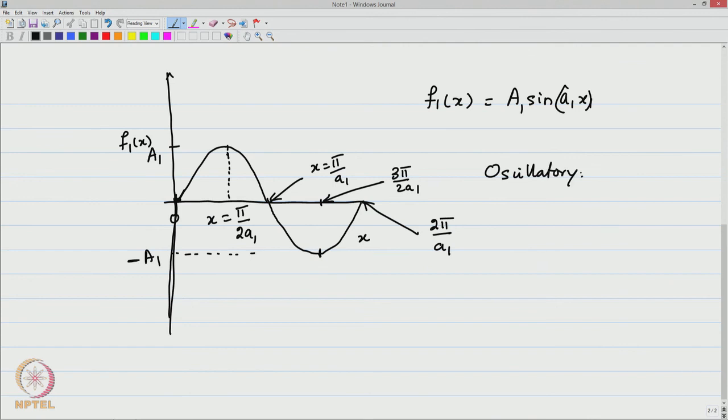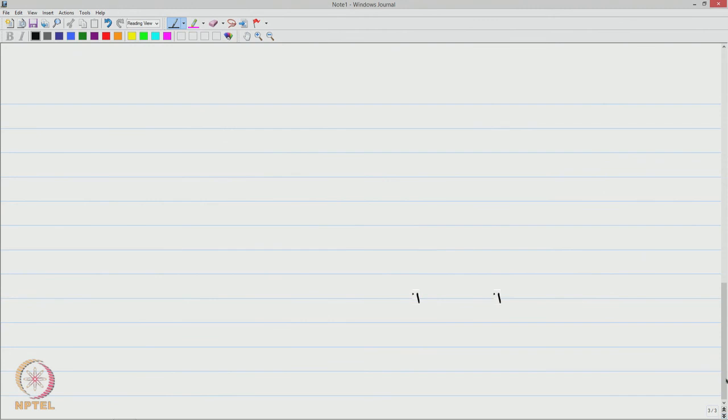The function is important in quantum mechanics in that it satisfies the differential equation d square f by dx square plus a1 square f is equal to 0. It is a very elementary second order differential equation.